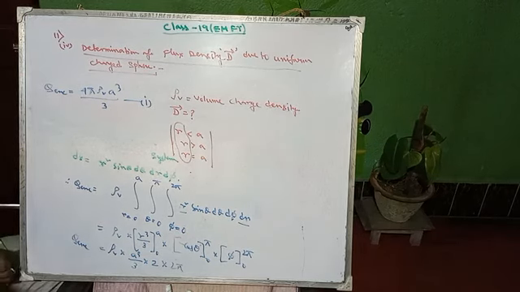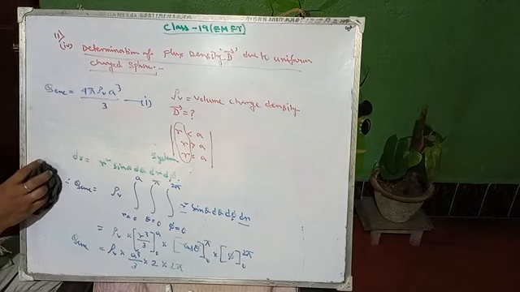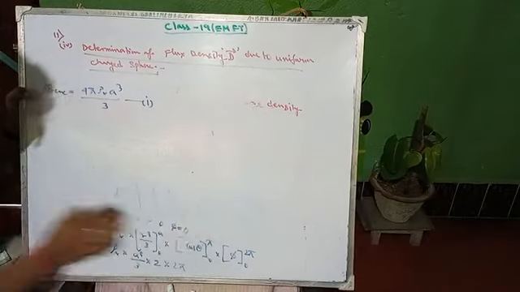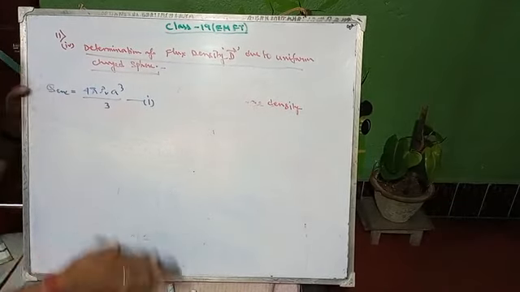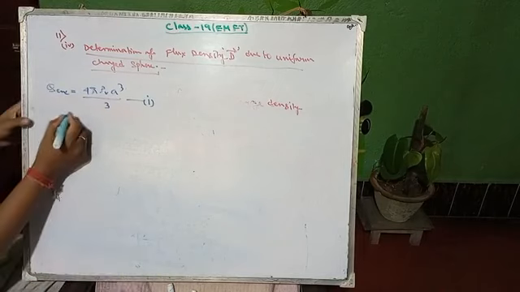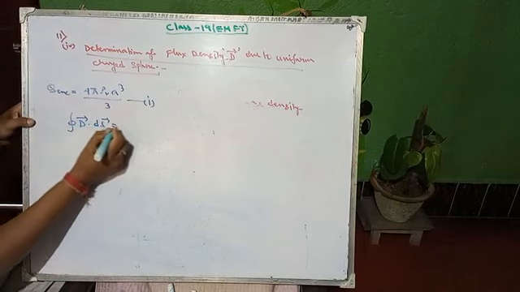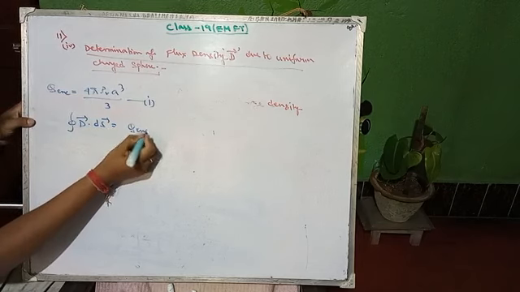Okay, so now applying Gauss's theorem, the surface integration of D dot dS will be equal to Q enclosed, right?